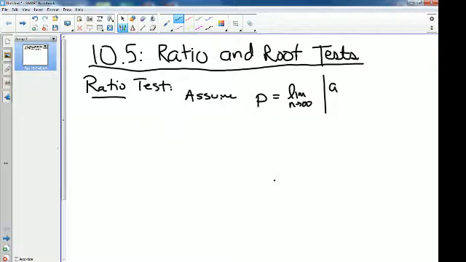Here's the ratio. The limit has to exist, obviously. This is the series as it's written, and this is the series plus 1 term. So you have to figure out the plus 1 term, put them in a fraction, and calculate the limit.